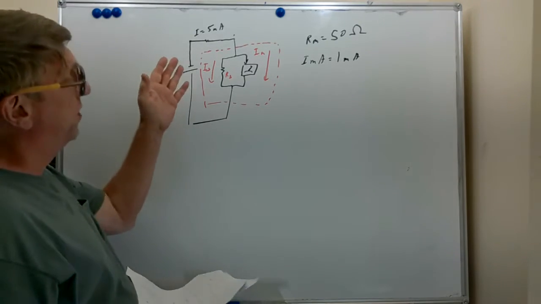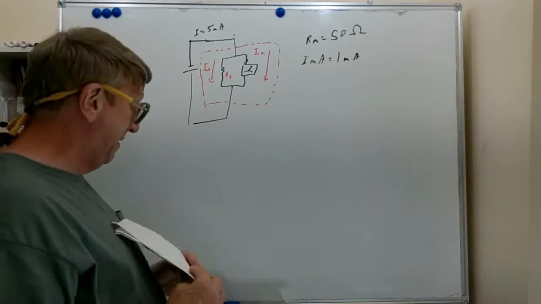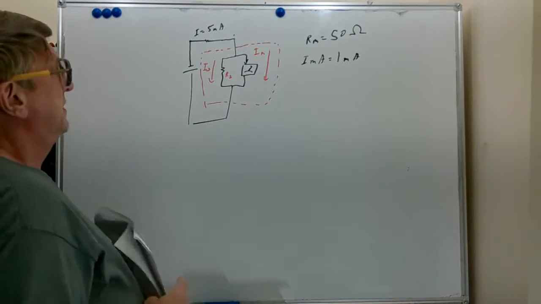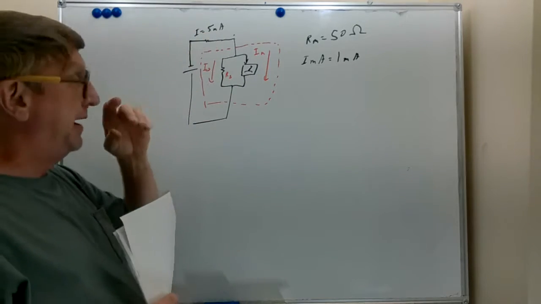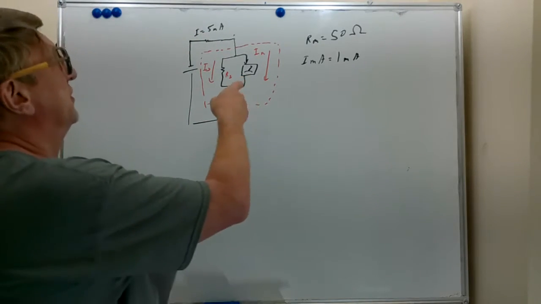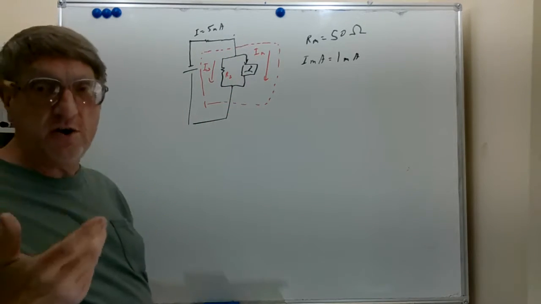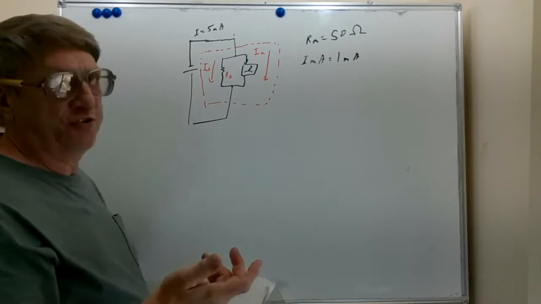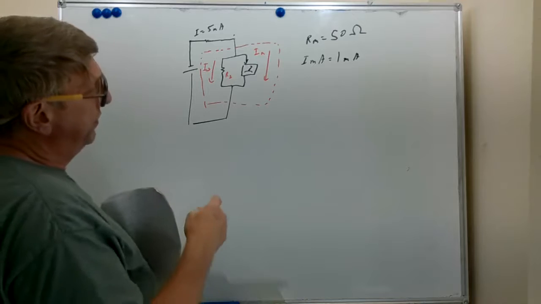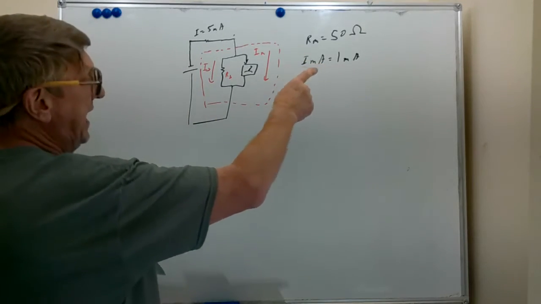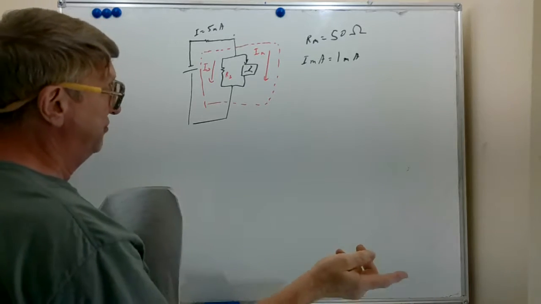Now suppose we want to read 5 milliamps with a 1 milliamp meter. Well, let's think. First of all, because it's parallel branches, the voltage across each branch is equal, so when you double the voltage, the current through each one will double. So the currents through the meter and the current through the shunt resistor will remain proportional to each other. So what we want to do is we want to have 5 milliamps through the whole circuit, deflect the meter all the way to the right.